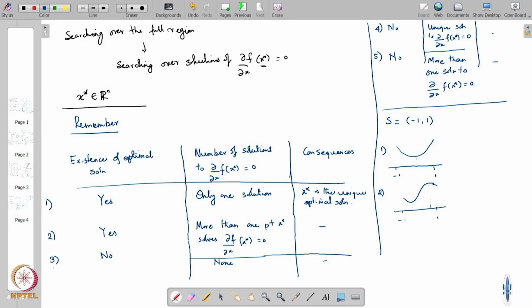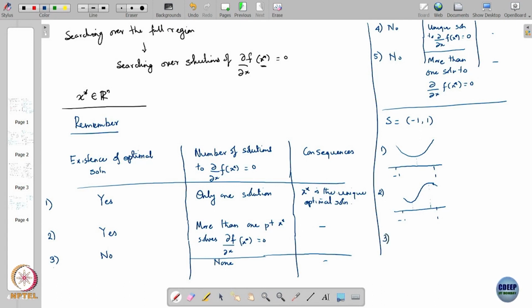So there is now more than one point where the derivative has vanished. We need to dig deeper in order to conclude what the optimal solution is. That's a separate matter. The theorem does not help us conclude anything further about this.